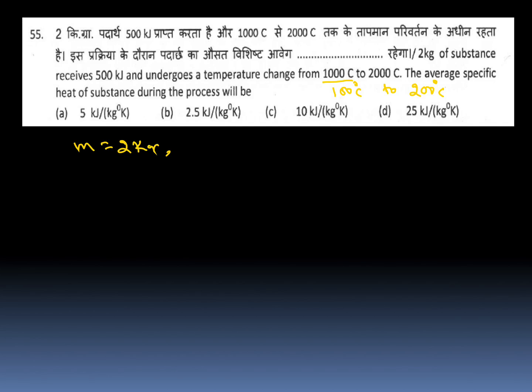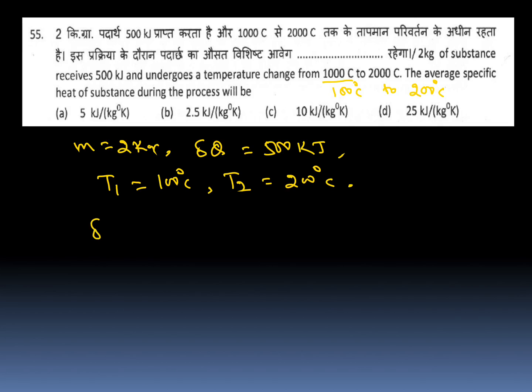Receiving heat, so del Q is positive 500 kilojoule. Then temperature change, T1 is 100 degrees Celsius, T2 is 200 degrees Celsius. The average specific heat.